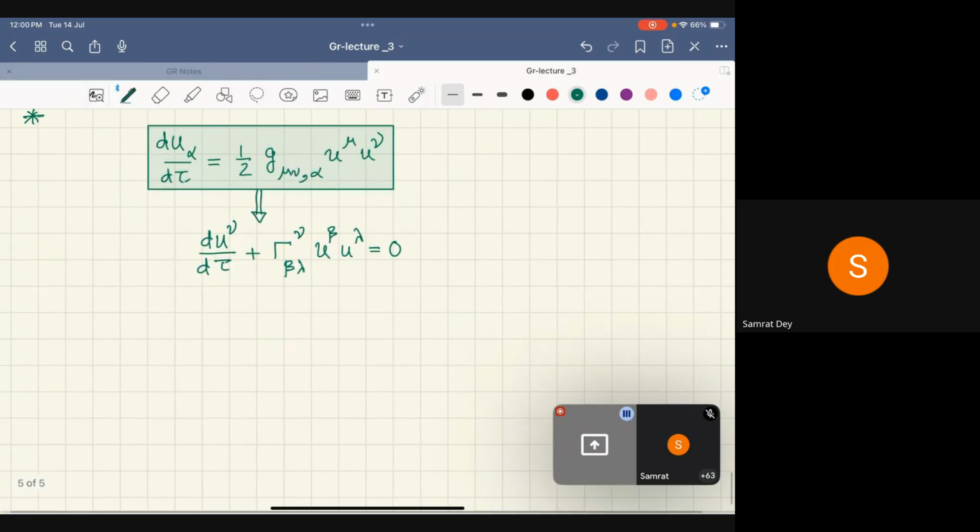And we remember that the Christoffel symbols can actually be obtained in terms of the metric and its derivative from this exercise.